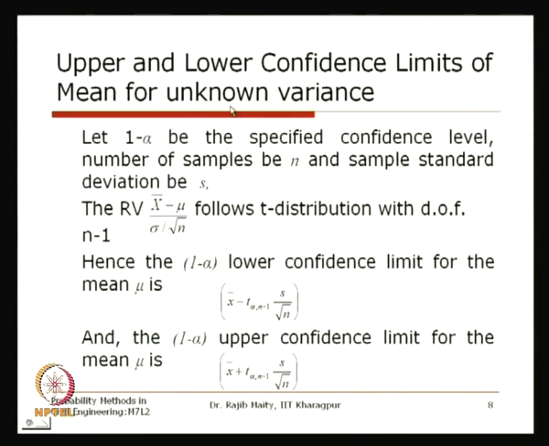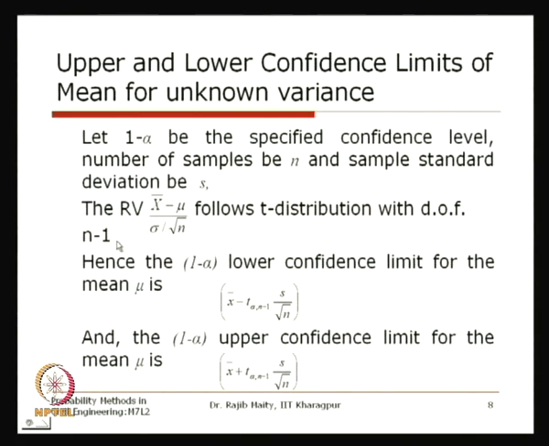If the variance is unknown, and this is basically for a smaller sample, let 1 minus alpha be the specified confidence level, n the number of samples, and s the sample standard deviation. Then (x bar minus mu) divided by (s by square root n), obviously from the sample estimate, follows a t distribution with n minus 1 degrees of freedom.